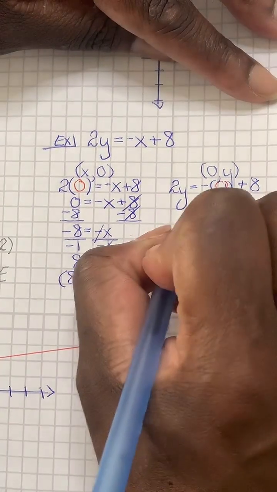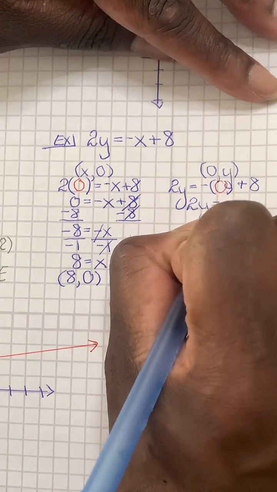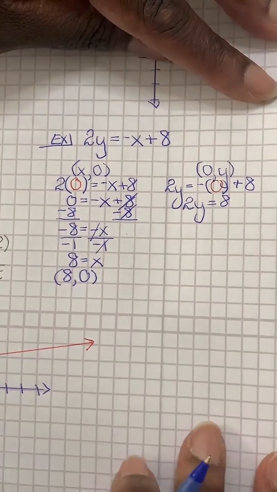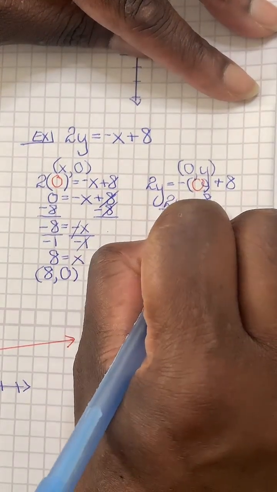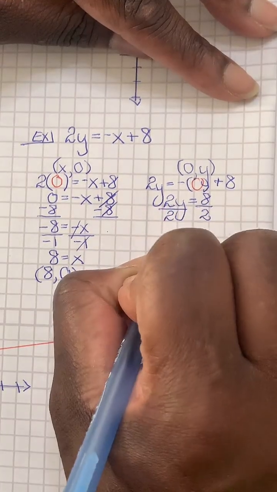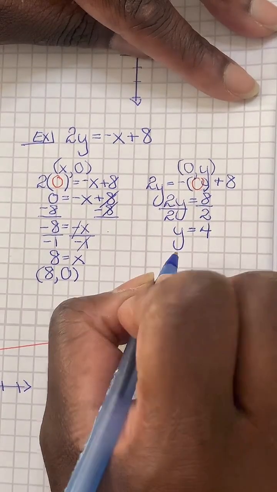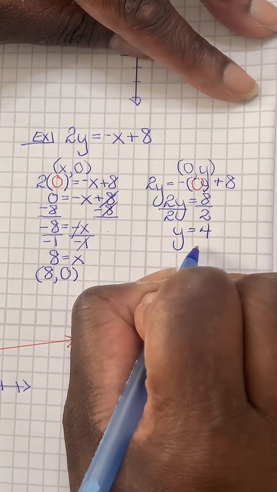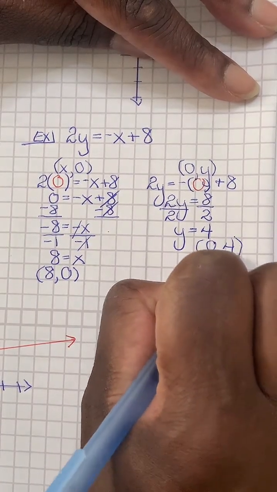So what comes down is my 2y is equal to 8. So now I have to divide both sides by 2, and we got y is equal to 4. So the ordered pair here is going to be 0, comma, 4.